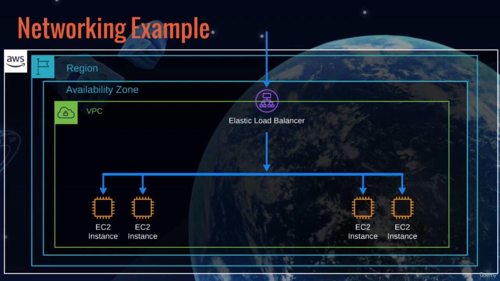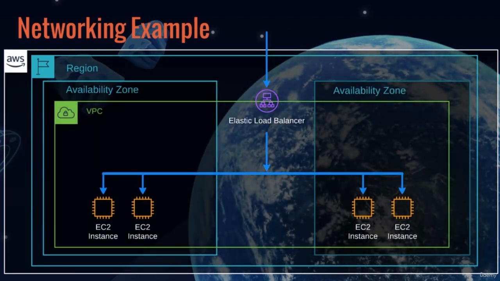That is why it's always desirable to have our architecture distributed across multiple availability zones. That way, if one availability zone goes down, the other one will continue to operate, and the infrastructure within that other availability zone will continue to respond to requests.